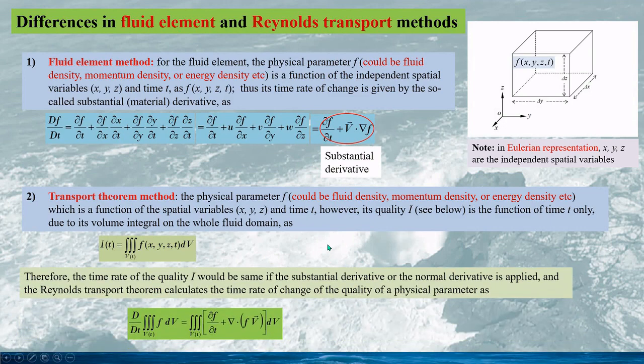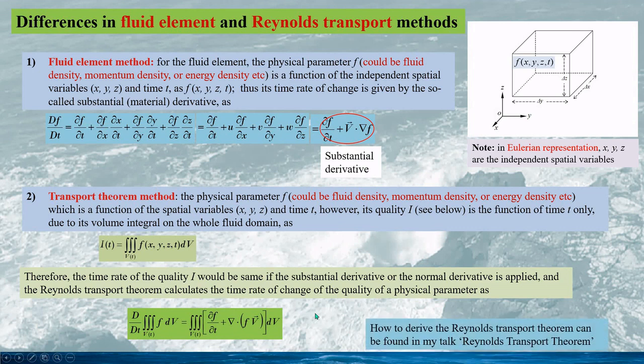As such, the time rate of change of the physical quantity would be the same as the normal derivative. So no substantial derivative is needed, and the Reynolds transport theorem calculates the time rate of change of the physical quantity and is given in this form. How to derive the Reynolds transport theorem can be found in my talk, Reynolds transport theorem.